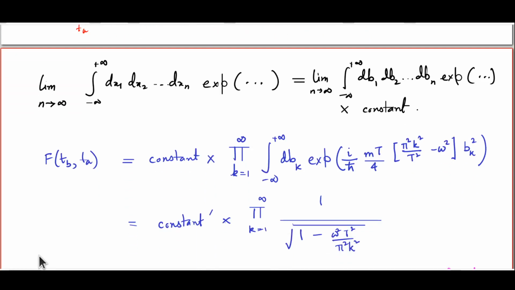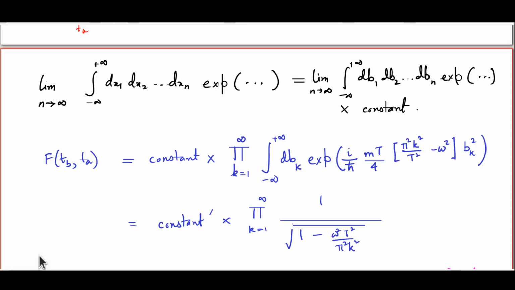But having said that, if you leave that constant issue out for the time being, the exponent is a sum of individual bk squared times some factor, which of course becomes a product of the individual exponents. And instead of integrating over db1, db2, dbn, you could just simply integrate over the db's first and then multiply the results. So instead of having to deal with a huge n-dimensional integral, what you are really going to do is n independent one-dimensional integrals which are trivial to work out.